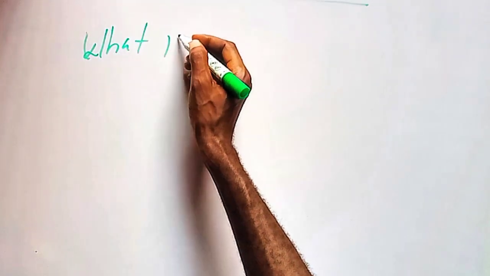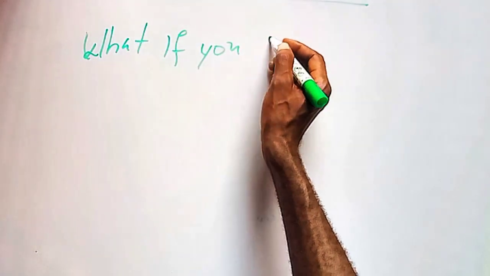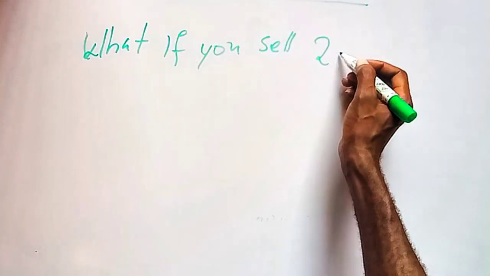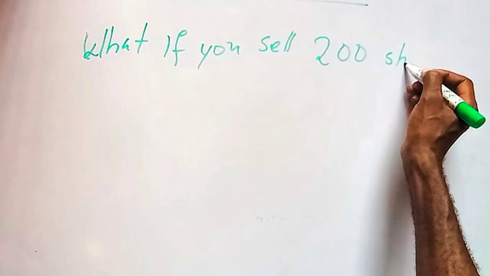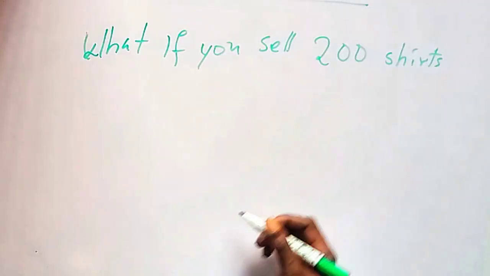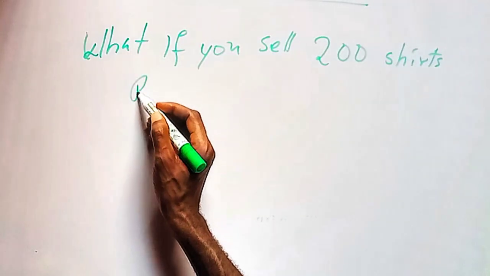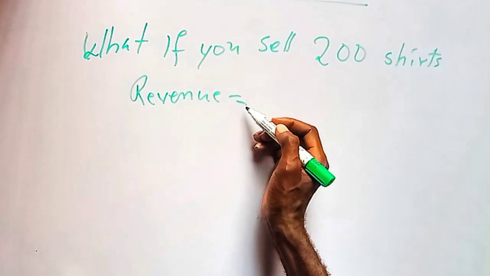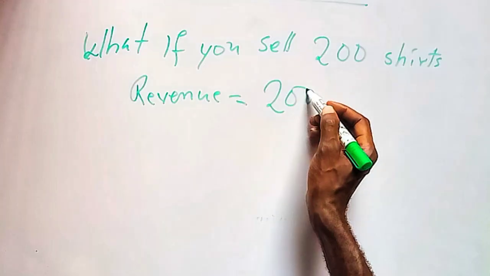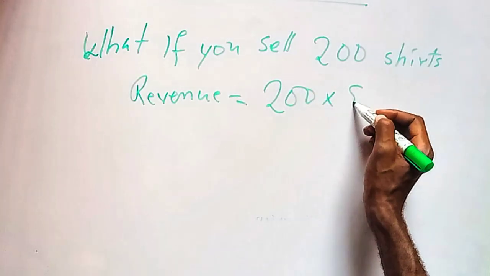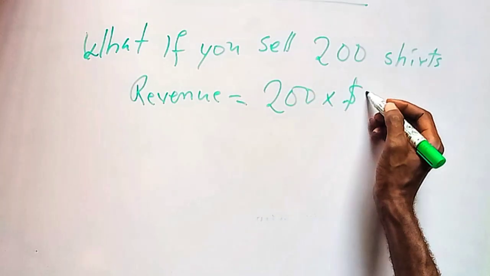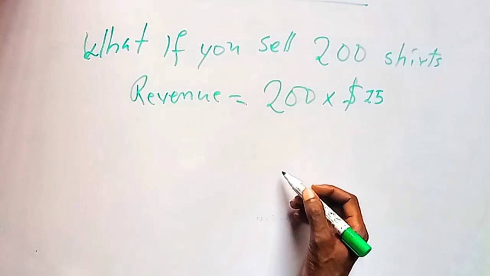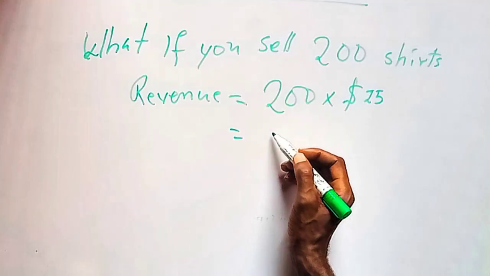Now, what if you sell 200 shirts? Let's look at this now. The revenue here will be equal to 200 times $25, which is equal to $5,000.